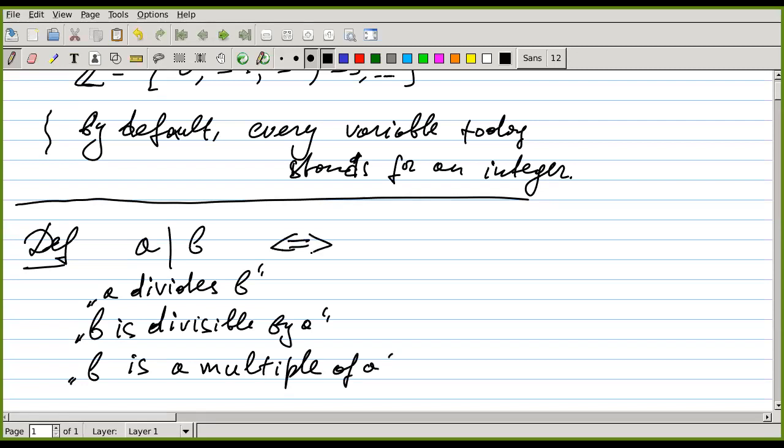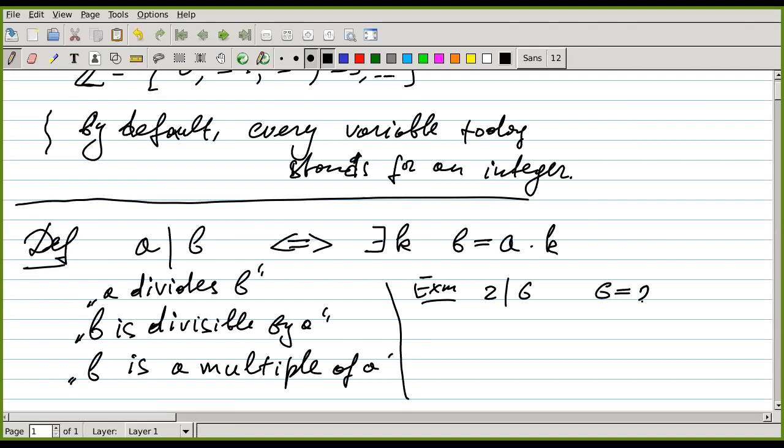By definition, that means that there exists some K such that B equals A multiplied by K. Let's consider some examples. First of all, say 2 divides 6. Why is it so? Because it is possible to express 6 as 2 multiplied by what?